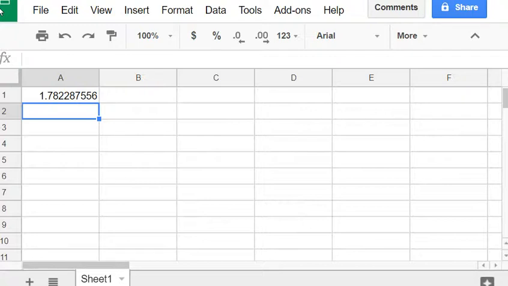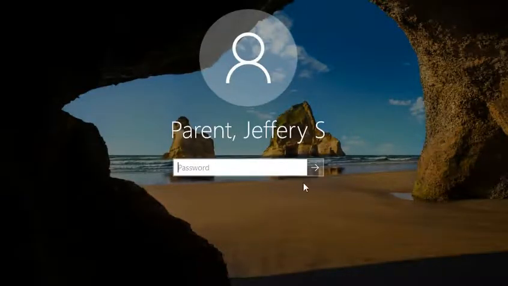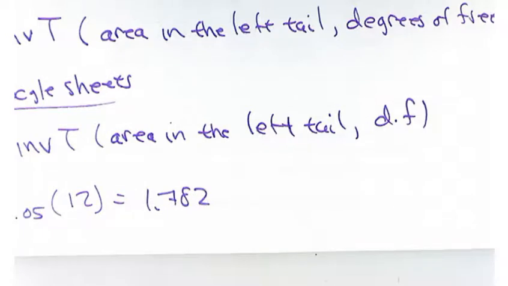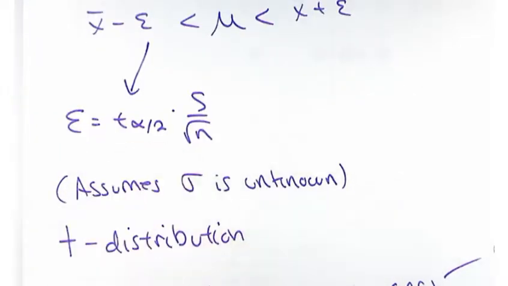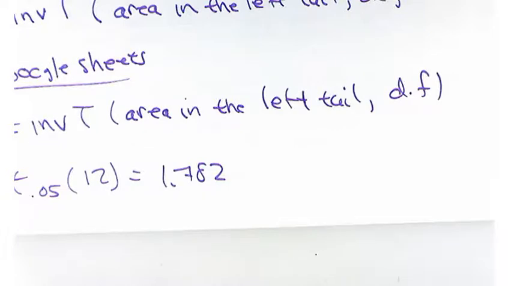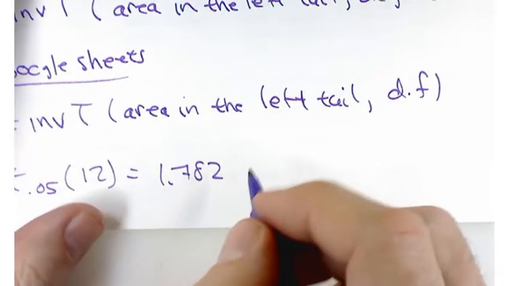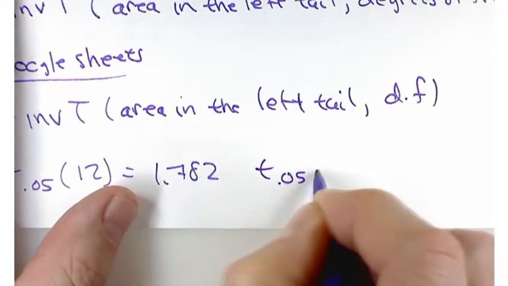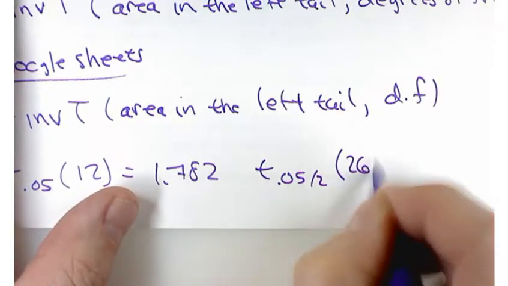Now, if we look back at our calculation for E, a lot of times you need to calculate T sub alpha over 2. So let's just do one more practice with the T distribution, and that is T sub 0.05 over 2 and 26 degrees of freedom.